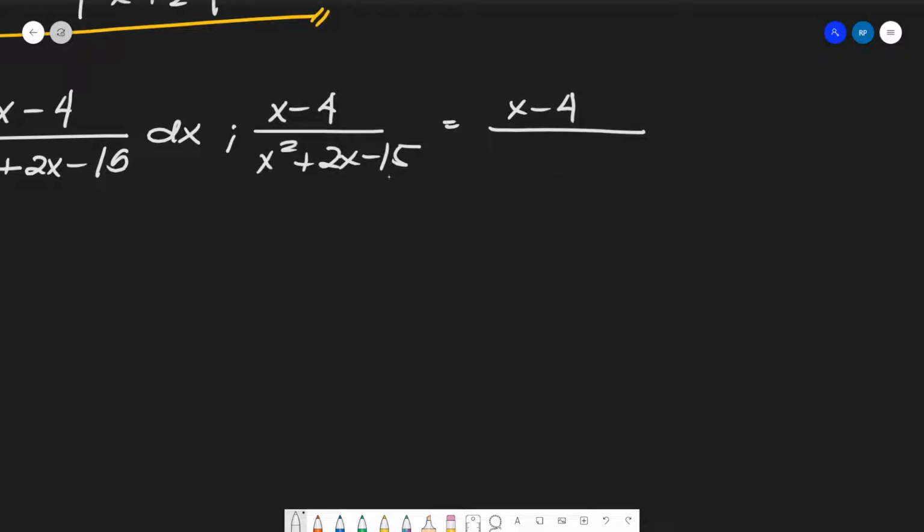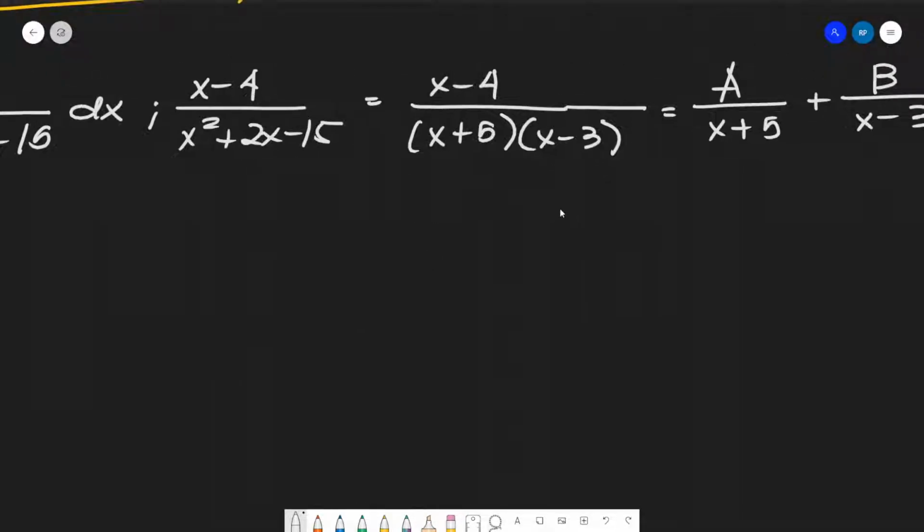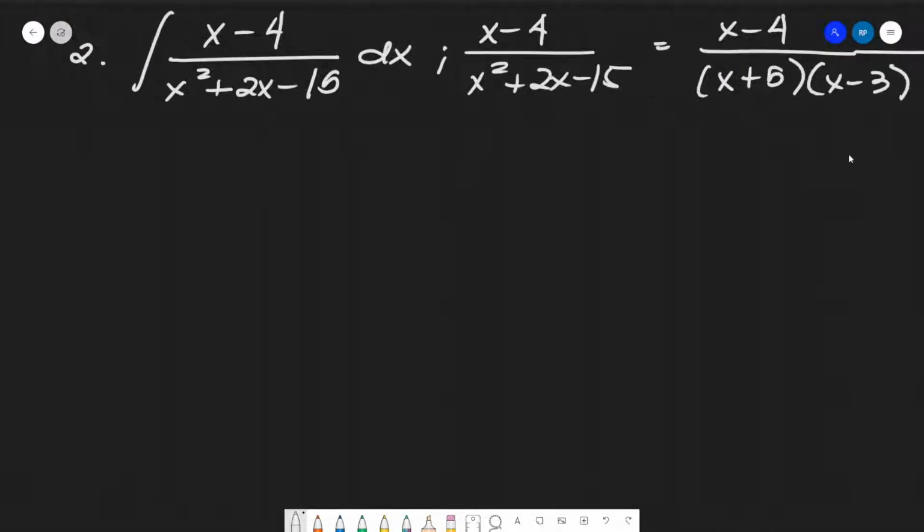Ano yung factors ng negative 15 that will give us positive 2 pag pinag-add? Obviously, that is x plus 5, x minus 3. Ayan. So, we have a over x plus 5 plus b over x minus 3. Okay? So, yan yung ating decomposed fraction.